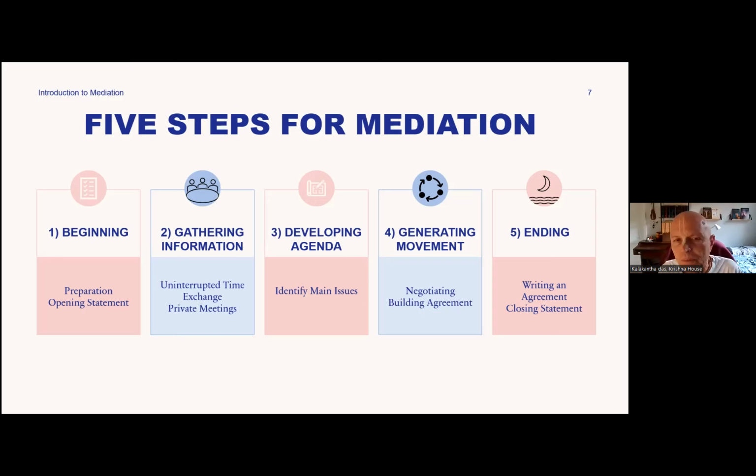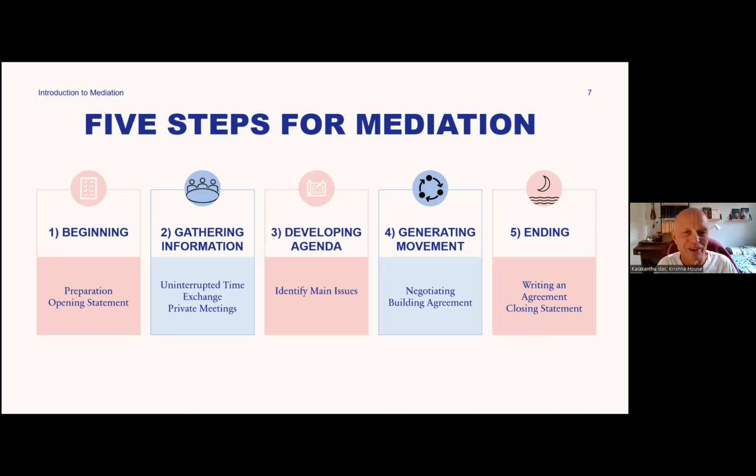Then allowing each person, and this is the most important thing, if you don't learn anything else from the class this morning, just learn this. When you start resolving the conflict, the first thing is to let each person completely tell their story uninterrupted. Uninterrupted time, both parties, equal time, equal opportunity.